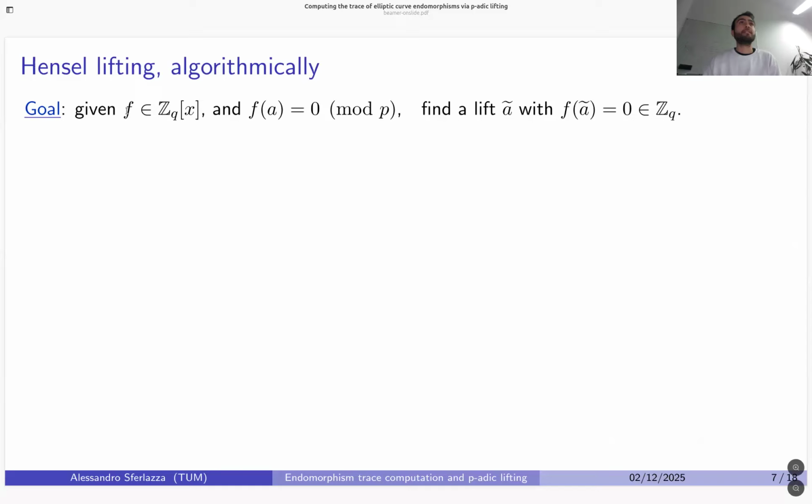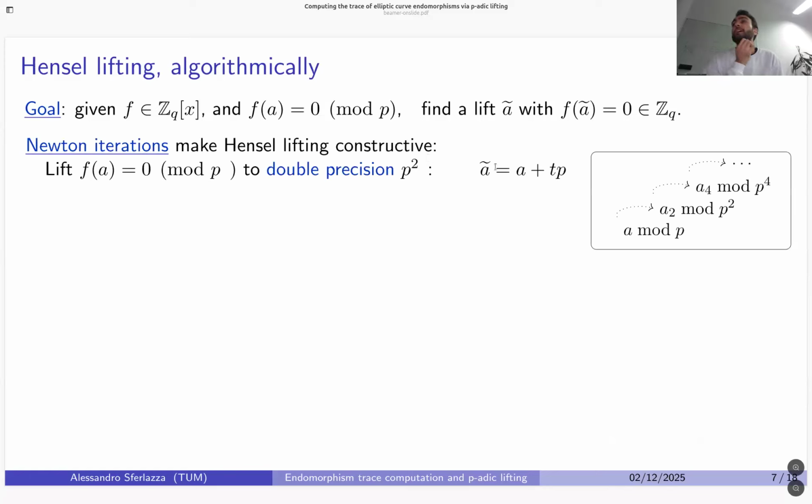So, to go more concretely, Hensel tells us that whenever we have a simple root modulo p, we can lift it. And how can we do that in practice on a computer? The idea is we've got something modulo p, and then using Newton's iterations, step by step, we can double the precision every time.